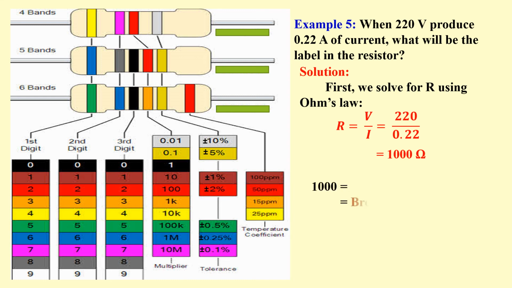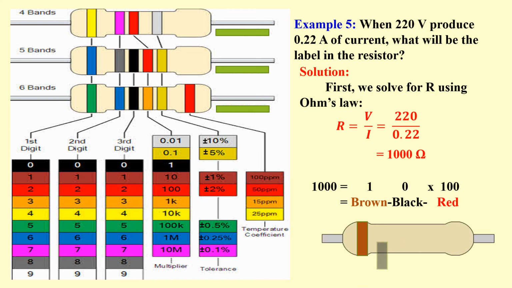So, writing out this 1,000 ohms, we have 1, 0, and then times 100. 1 is brown, 0 is black, and times 100 is red. Therefore, we have this resistor, brown, black, and red.